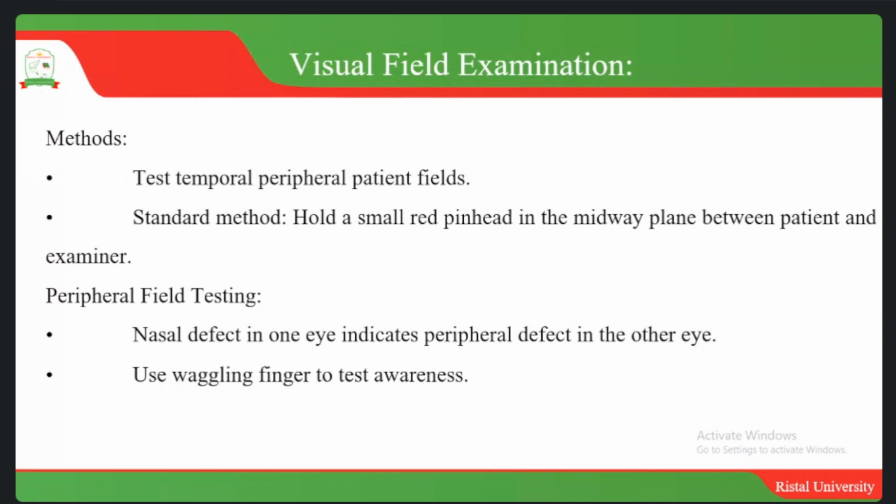Someone can have running eyes. When the person is having painful eyes, even the person can be having running nose. So there are connections in the different areas in relation to the nervous system, and when one part is affected, even the other can be affected. So you also have to use the waggling finger to test the awareness. So this one, you're testing whether your patient is able to see.